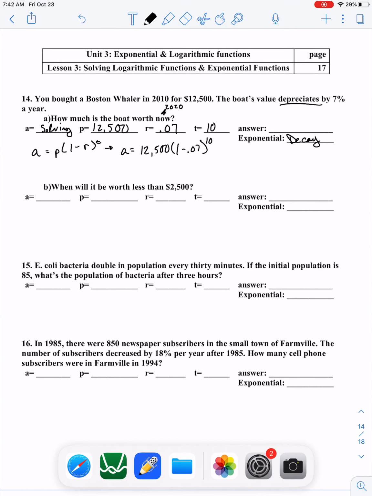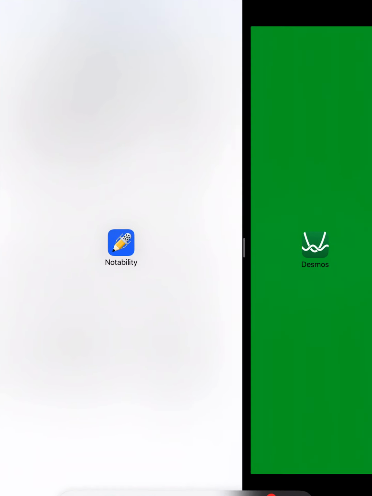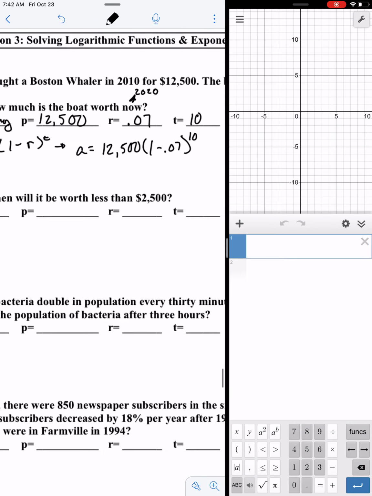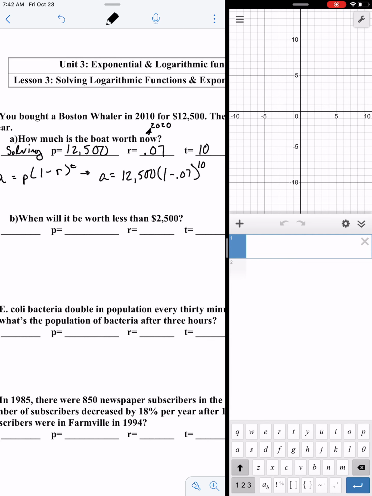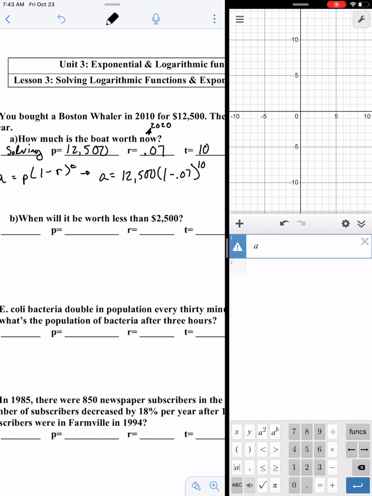Now, something interesting on these is if I'm going to try and type in A equals 12,500 times 1 minus 0.07 raised to the T power, which was 10, I get 6049.77.